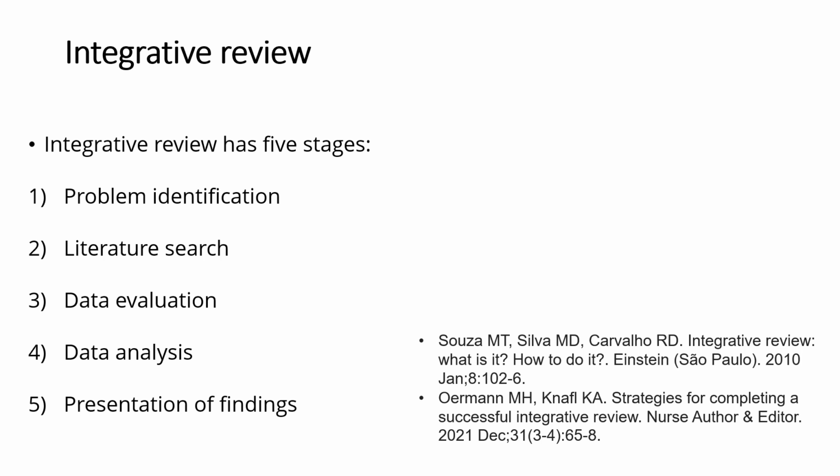This broader and more varied literature often leads to a better understanding of the topic. So follow these 5 steps. Each step or stage has several fragmented activities. Therefore, finally you can conduct an integrative review.